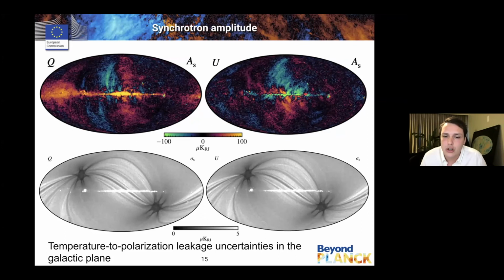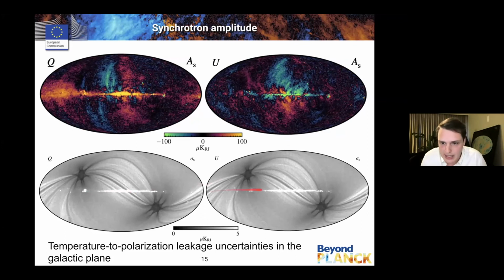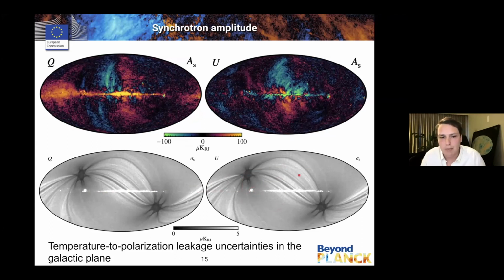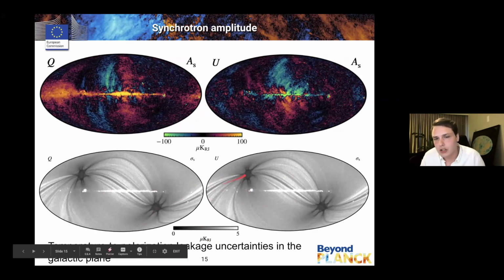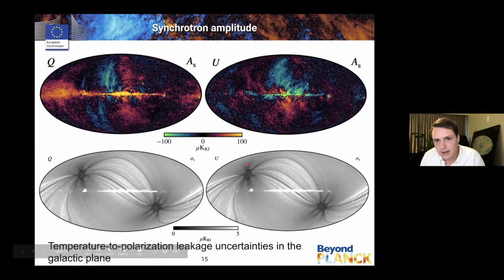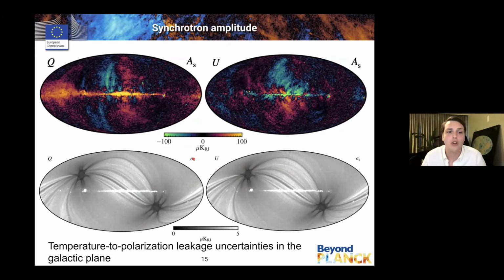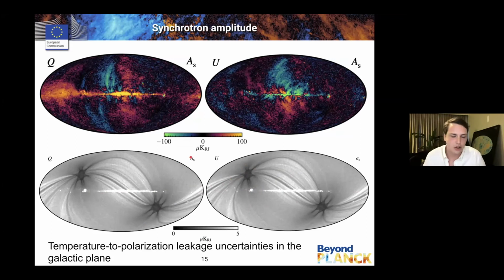And that shows even better how these fluctuations in the galactic plane that we see in these standard deviation maps resemble temperature to polarization leakage that could be because of the fluctuations in the bandpass modeling that we apply. But overall, no large-scale systematic stuff that's uncomfortable.